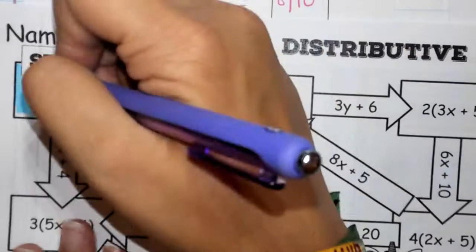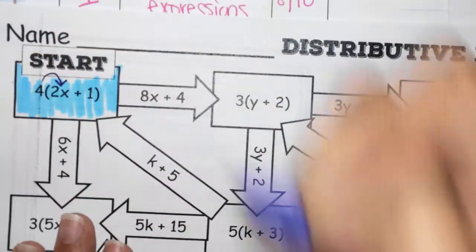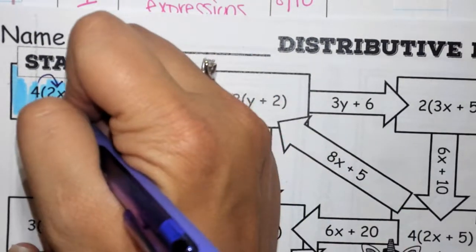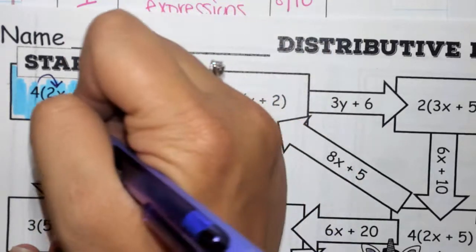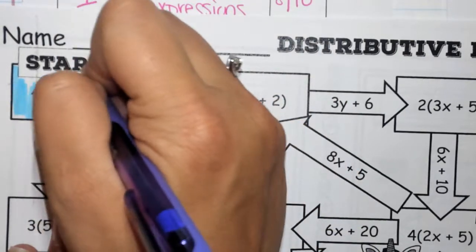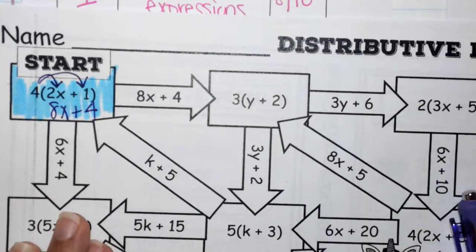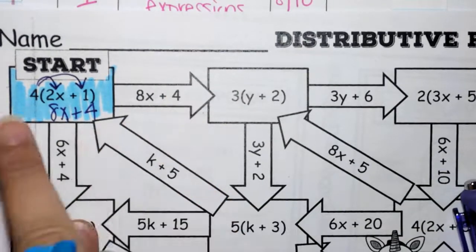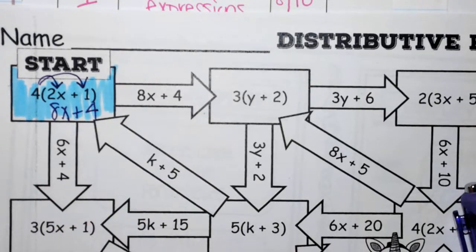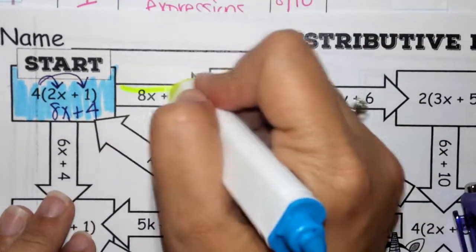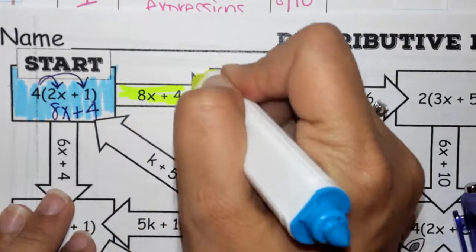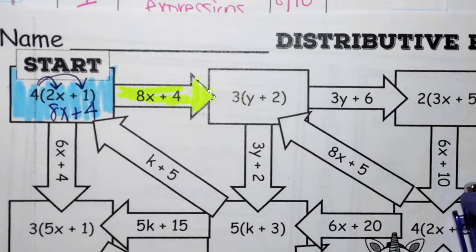And we're going to distribute. We're going to do 4 times 2x, and you get what? 8x. And then 4 times 1 is? Now, does that look like we're going to go to the right or down? To the right. So we highlight which way we go, and then we do the next one.